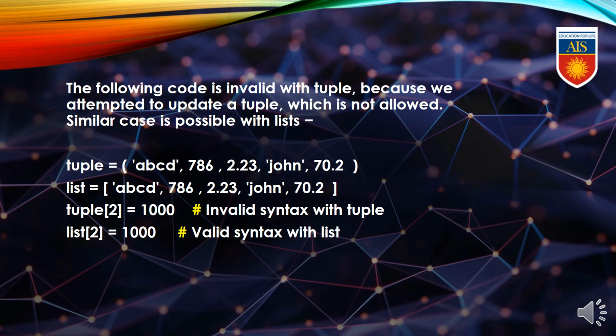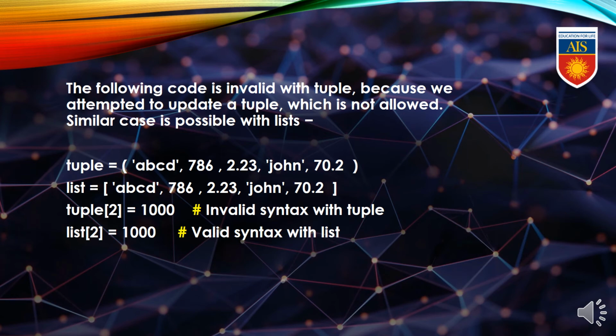Here is the example: tuple = ('abcd', 786, 2.23, 'john', 70.2). The list also has the same values. tuple[2] = 1000 is invalid syntax with a tuple. list[2] = 1000 is valid syntax with a list.